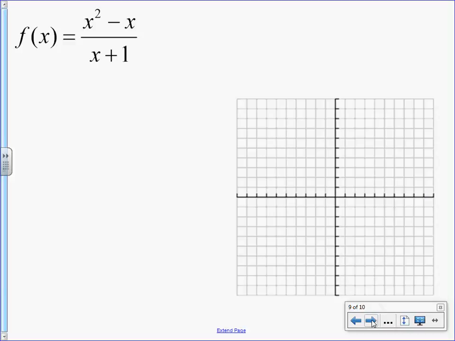Okay, so here's our example. What's the first thing I tell you to do? Factor, just in case we can reduce. So how would we write the numerator?